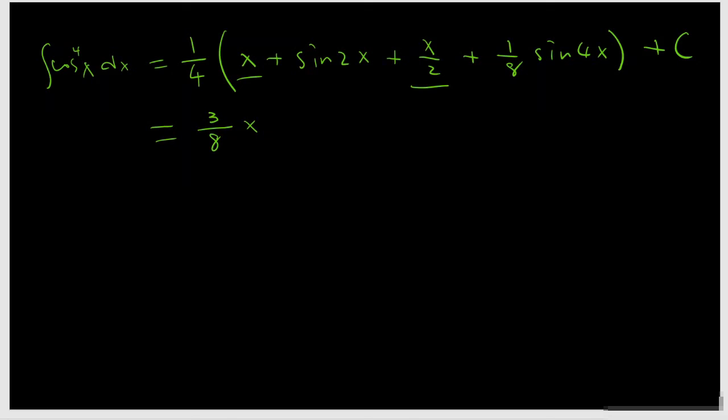And then you have 1/4 of sine of 2x, and 1/4 times 1 over 8 sine of 4x gives 32 in here, right? 4 times 8 is 32. That's the better form of the final answer. It doesn't matter. I told you, you do not have to simplify. As long as you have either of the two forms, it's right.